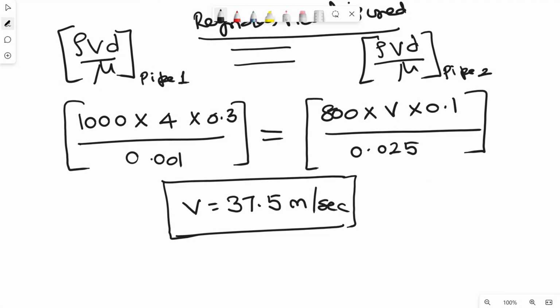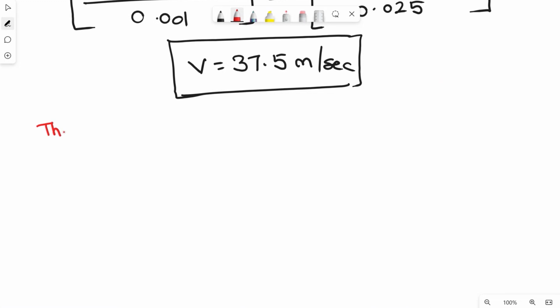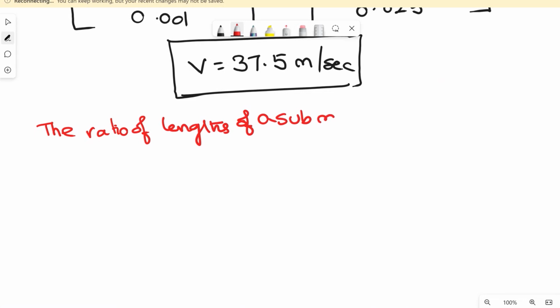Similarly, we can solve another problem in the case of a submarine, because that is the general thing that will be used here. Now take the problem of a submarine. The ratio of lengths of a submarine and its model is 30 is to 1.